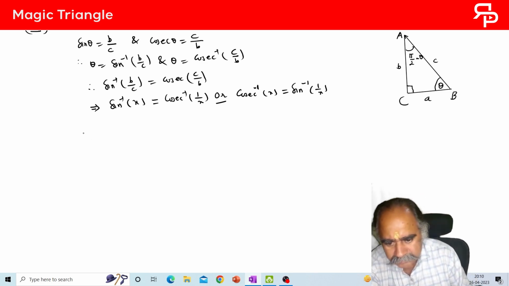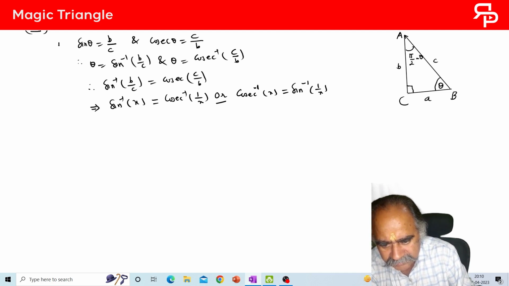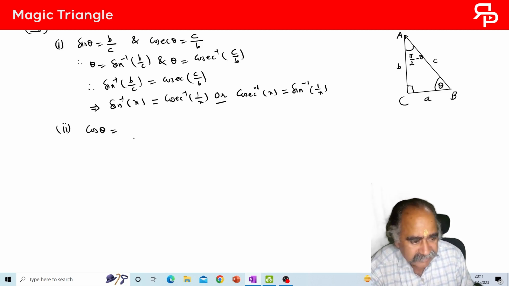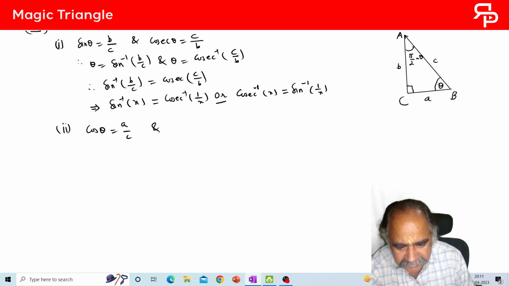This I'll write as number 1 in the third set. Number 2 is what? Cos theta, adjacent side upon hypotenuse. So A by C. And what is sec theta?